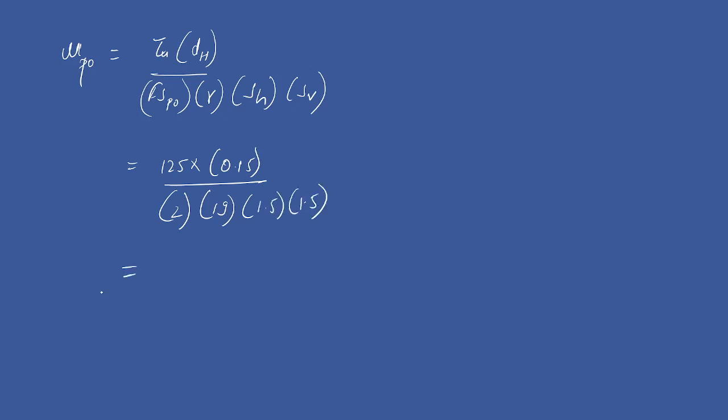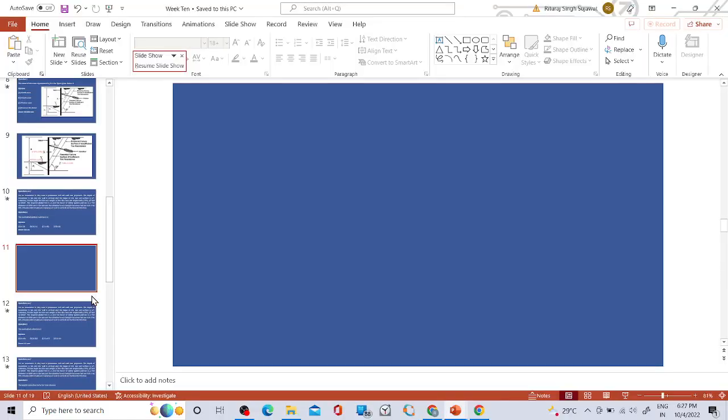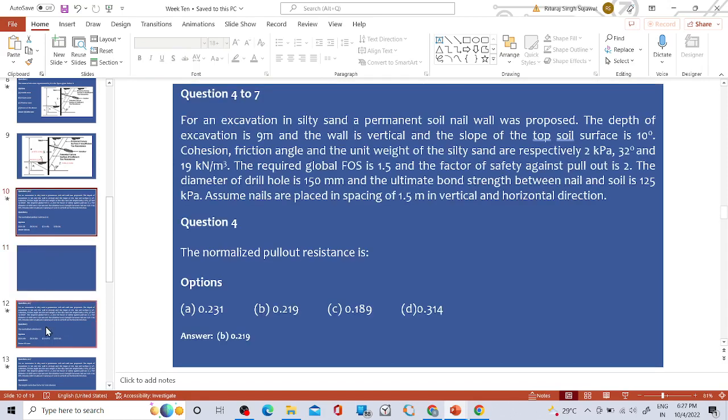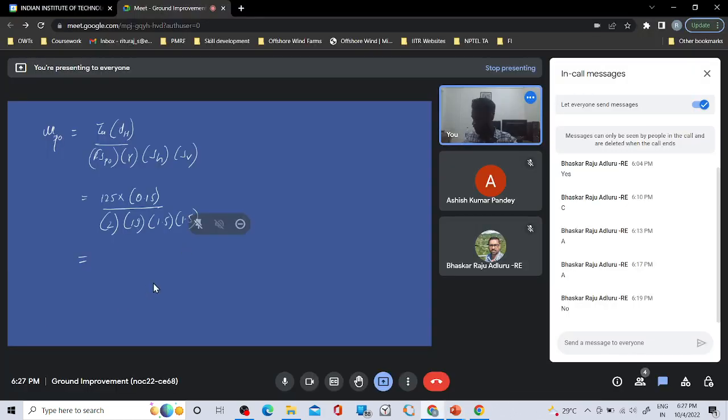Let me calculate for you. Spacing in horizontal and vertical direction: 125 into 0.15, divided by 2 into 19 into 1.5 into 1.5.